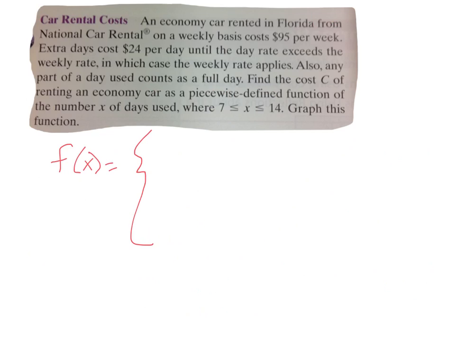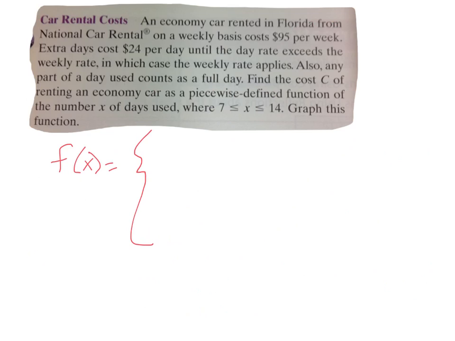So really, we're going to have two domains here, right? Because the most you're going to pay is to rent it for 2 weeks if we're only between 7 and 14 days. 14 days, you'll pay for 2 weeks. 7 days, if you don't go over 7 days, you'd pay for just 1 week, right?